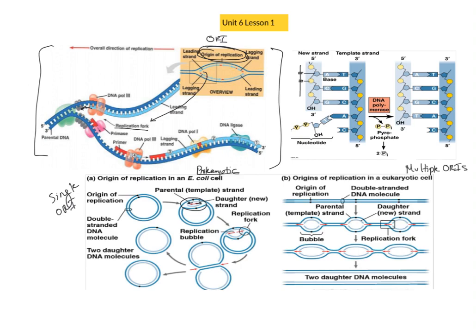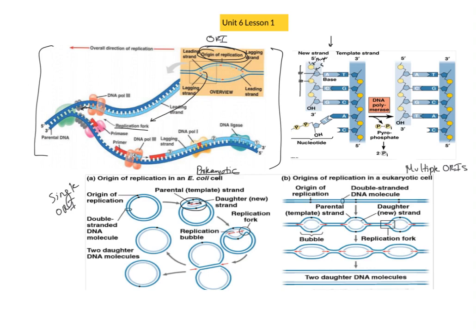DNA has directionality, and that refers to the 5' and the 3' ends of the strands, with the 5' end representing the end where you will find the 5' carbon on the sugar attached to the phosphate, which is right here.